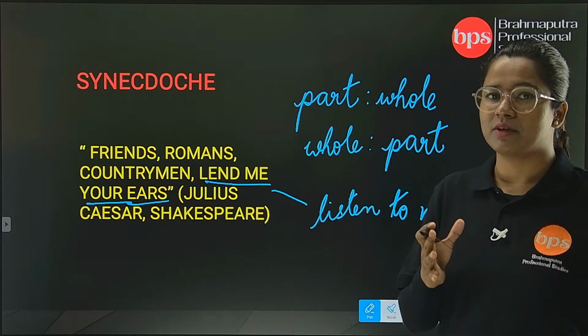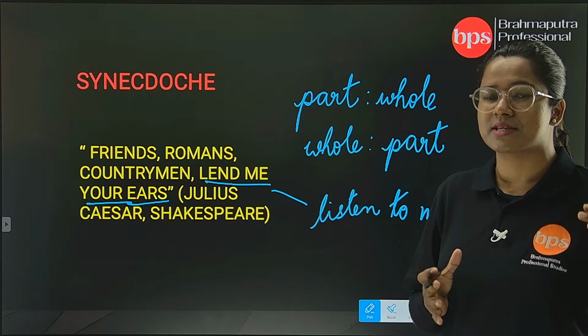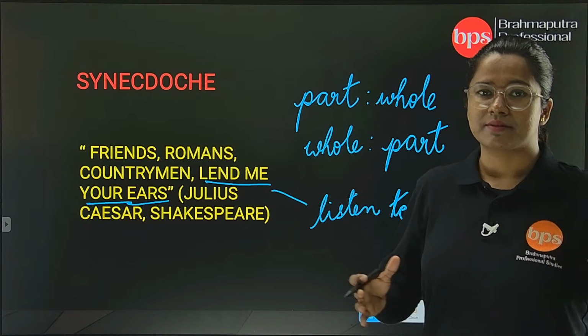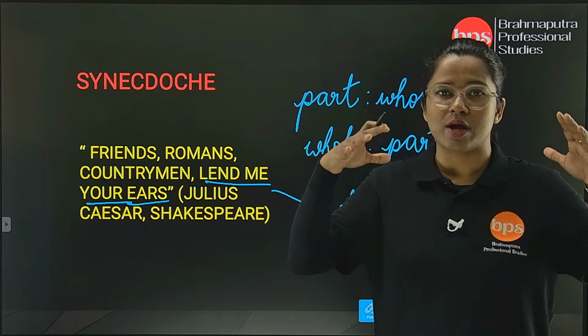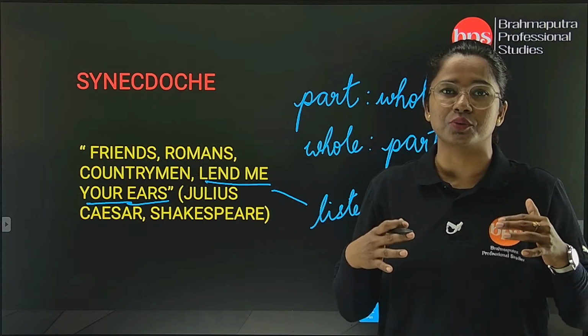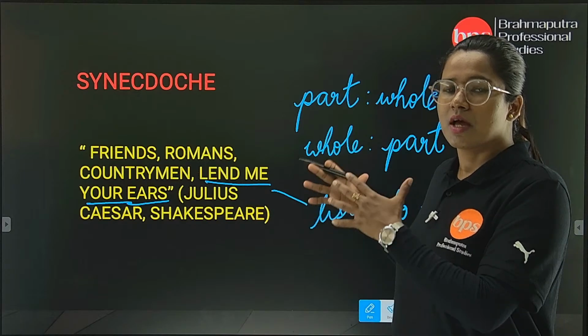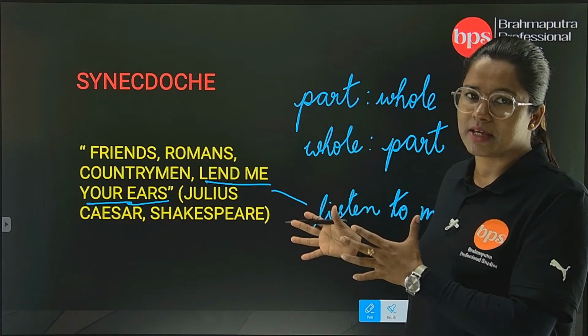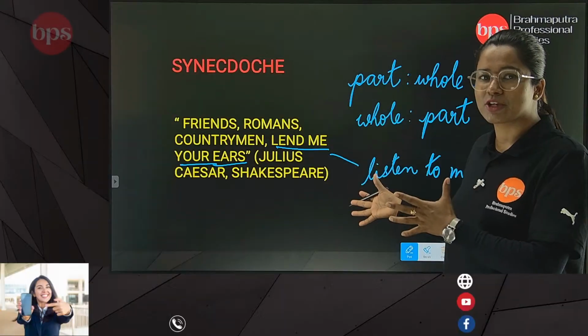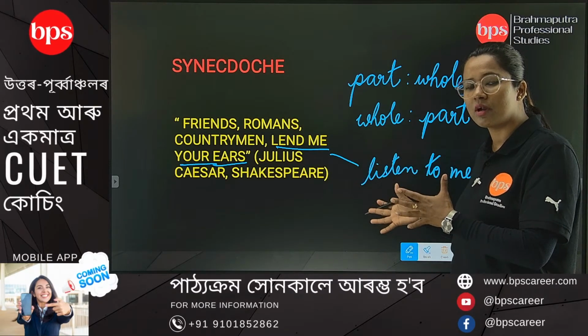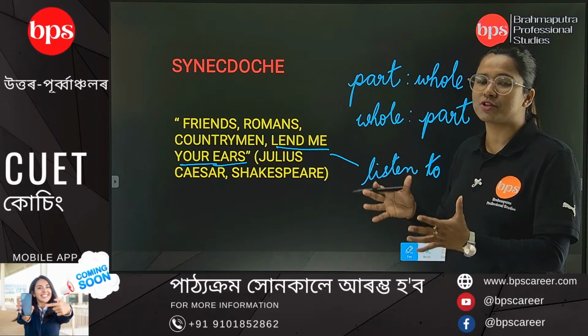when we are trying to make a person listen, or the audience is there and you want the audience to listen to you, this kind of reference is made, and this kind of reference is trying to make the whole from the part, or from the part to the whole.